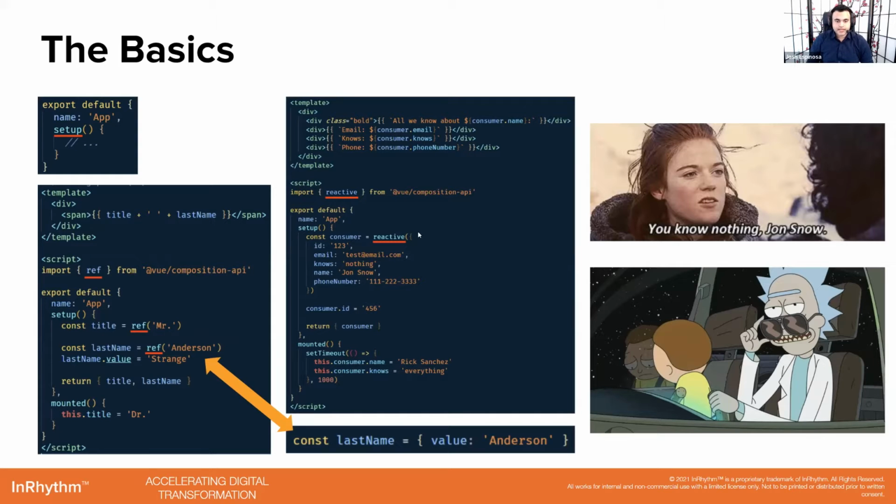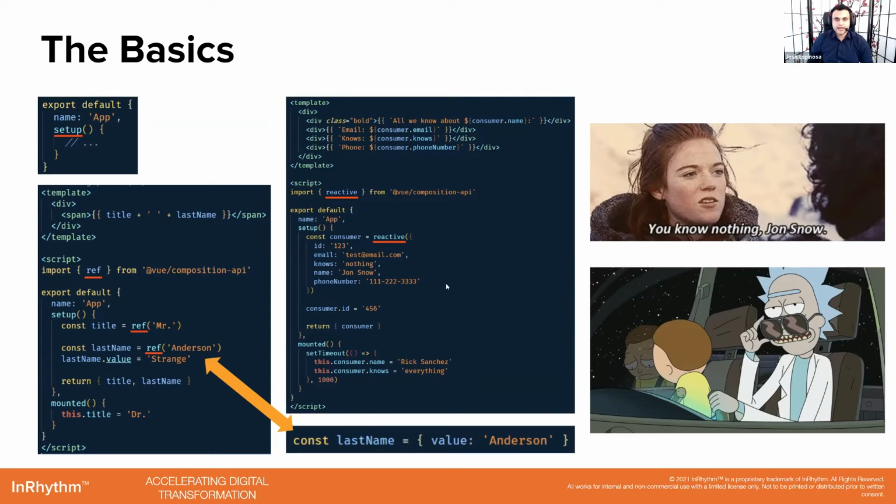On the other hand, there's reactive, which creates a deep reactive copy of an object. So this actually has some more magic to it. When you want to change one of the values within the reactive object, you can simply access it as normal JavaScript. So notice how here we're doing consumer.id equals something, and we do not need to do consumer.id.value equals something.